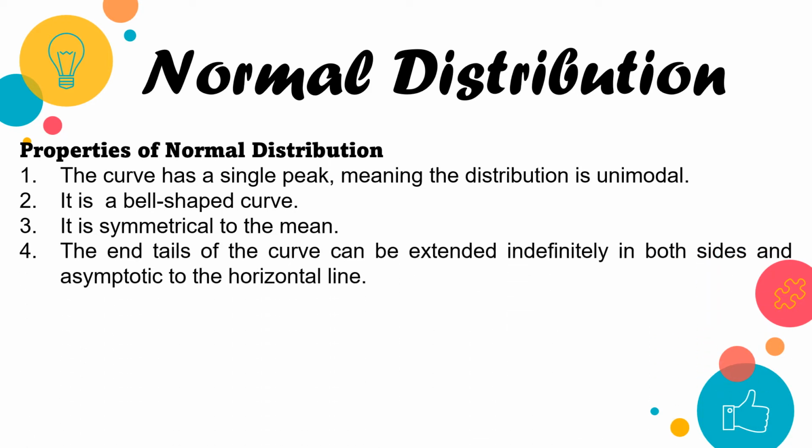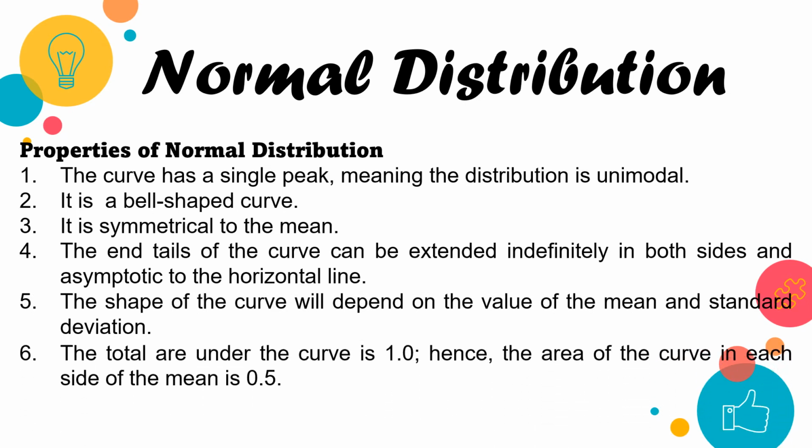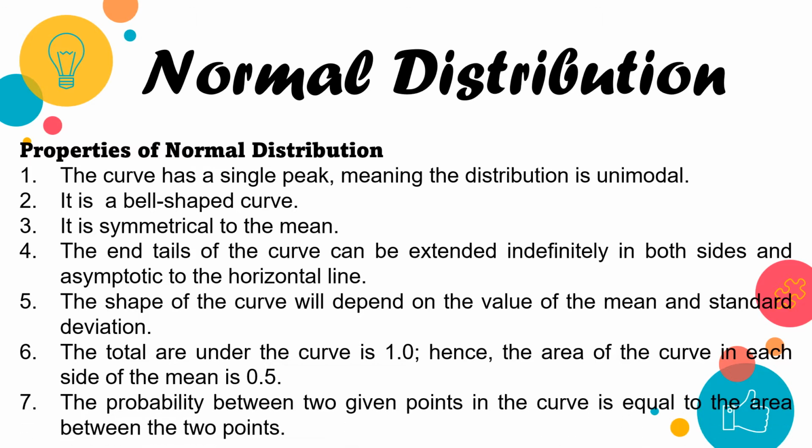The end tails of the curve can be extended indefinitely on both sides and are asymptotic to the horizontal line. The shape of the curve will depend on the value of the mean and standard deviation. The total area under the curve is 1. Hence, the area of the curve on each side of the mean is 0.5. I think we have a picture later. The probability between two given points on the curve is equal to the area between the two points.